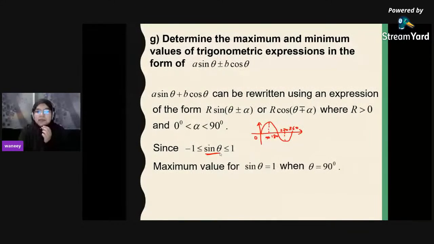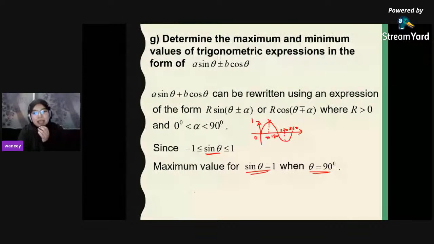So the maximum value for sine theta is equal to 1. So this is the highest value and the value is 1. So this value, we're going to get them when the theta is equal to 90 degree. So sine theta equal to 1 when theta is equal to 90 degree.